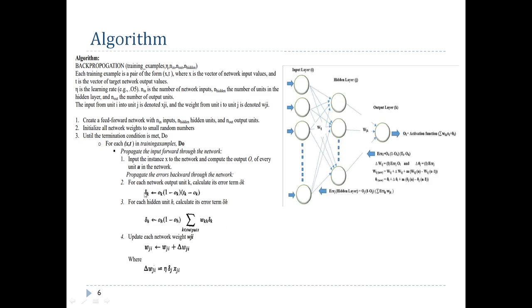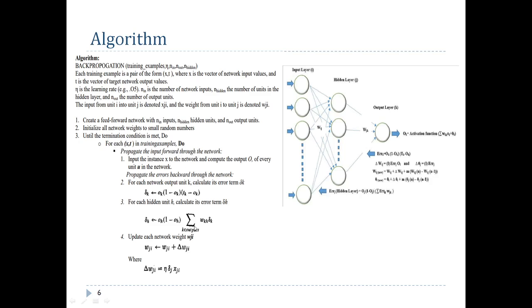Then based on delta k and delta h, we update each network weight. This is the formula we use to update the weights in the output layer and the hidden layer. After updating the weights, it goes back to the step of propagating the input forward through the network.